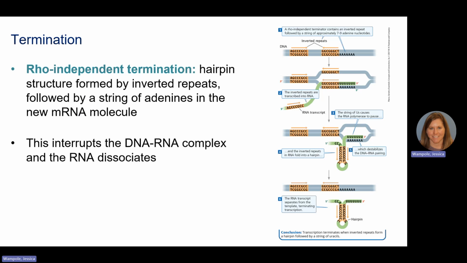So if we look up here at our DNA template, we've got these complementary sequences up here. Once we get both of those in our termination sequence, the molecule folds back on itself and then RNA polymerase can't keep going.